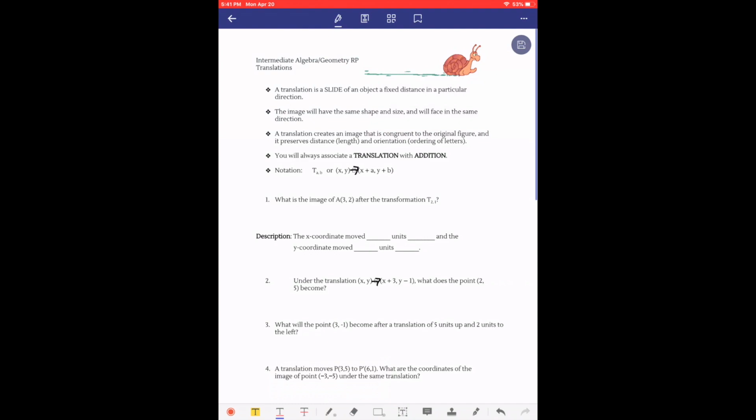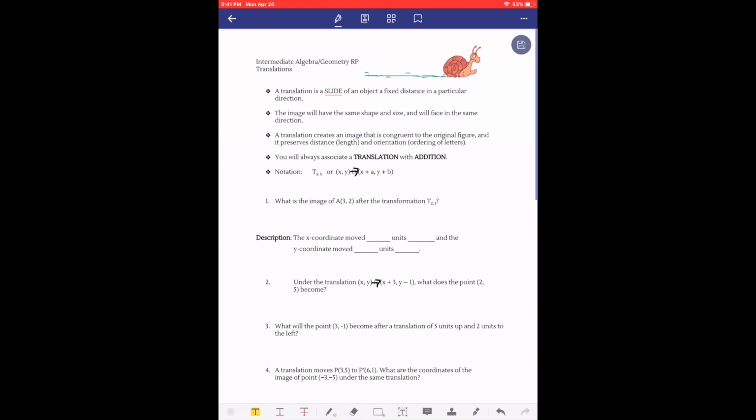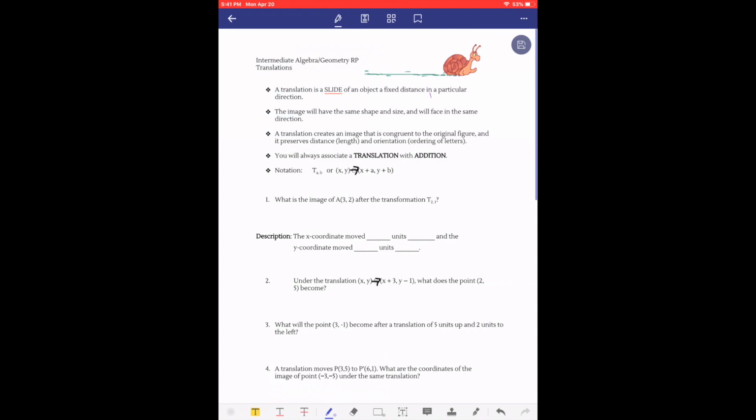A translation is a slide of an object a fixed distance in a particular direction, meaning if I have a square, if I want to move that square, I slide it over to the right a certain amount. That is a translation.